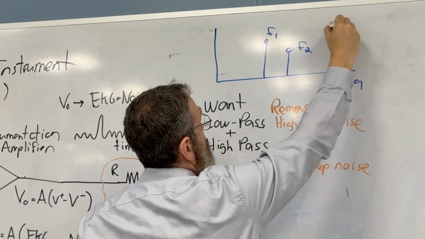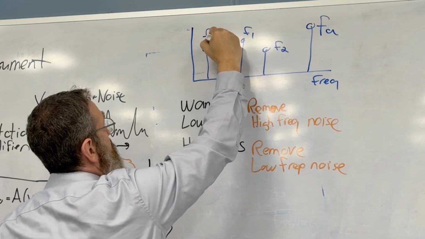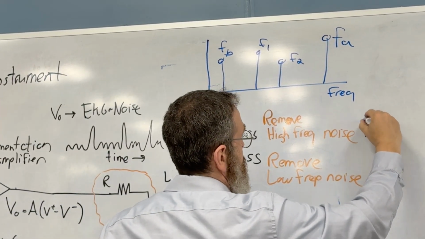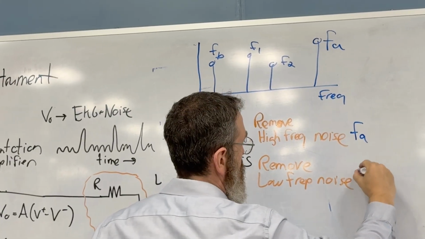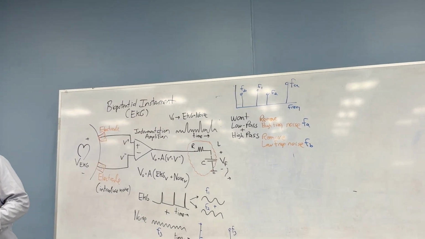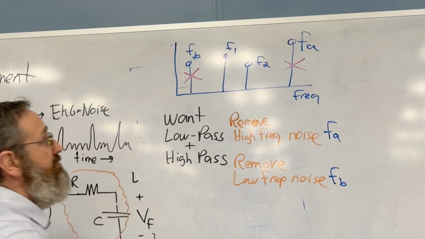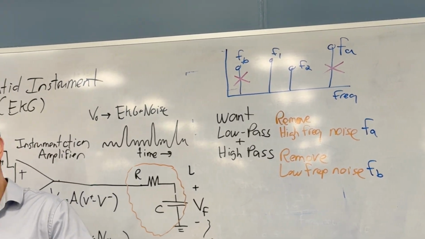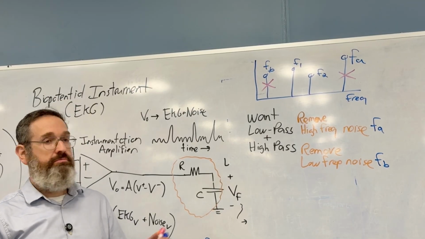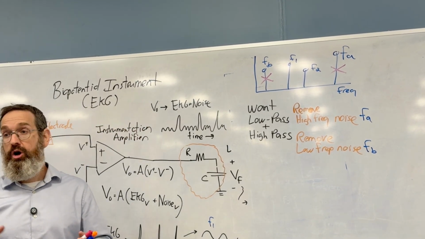I now am going to put here FA and an FB, where the high frequency noise is the FA, and the low frequency noise is the F sub B. So what we want to do here is trim from the high and from the low, so we can't just use a high pass, we can't just use a low pass, but in fact you can use a high pass and then a low pass. And this is not maybe, 100%, everybody, just so you know right now, every biopotential signal will require both.